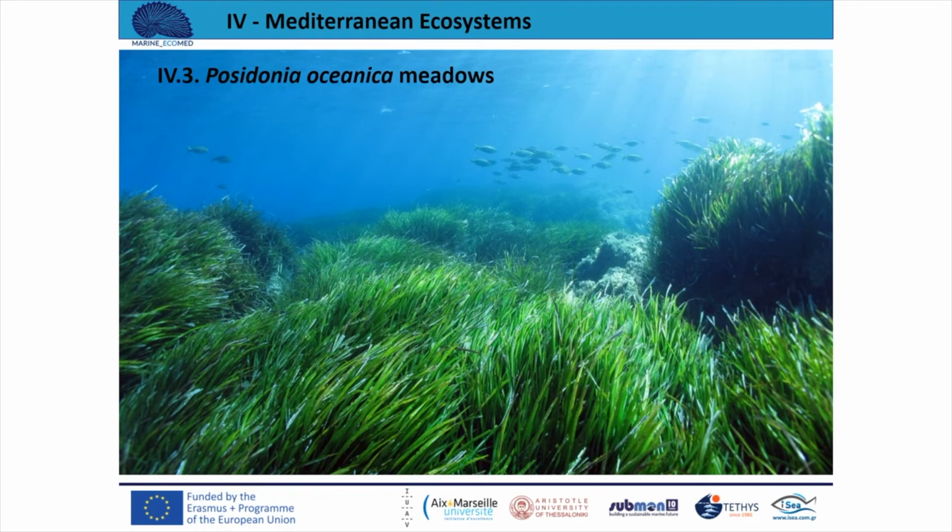Posidonia oceanica may be the most popular ecosystem in the Mediterranean Sea. Posidonia oceanica develops large meadows from the surface up to 25 to 40 meters depth, depending on the water temperature.